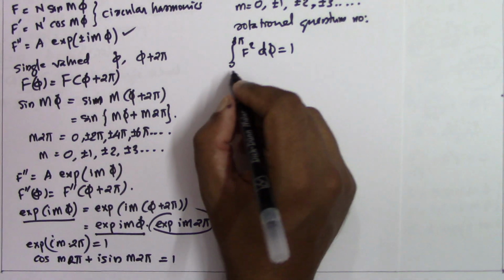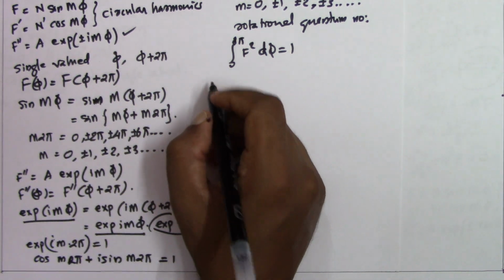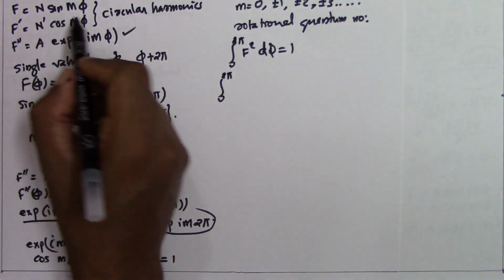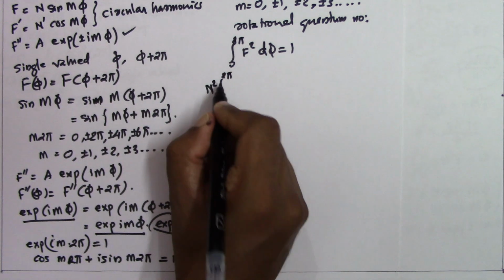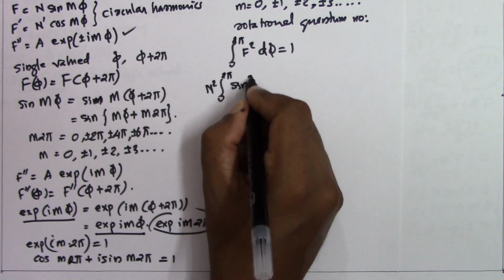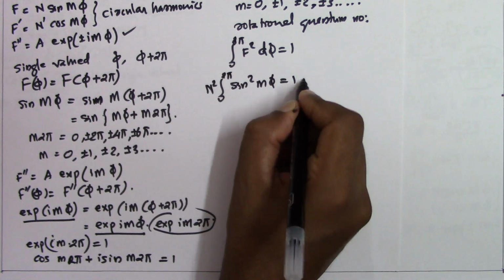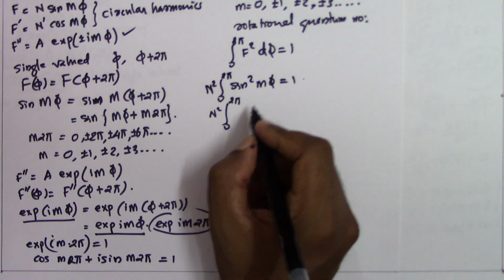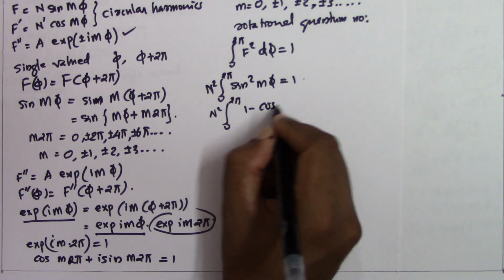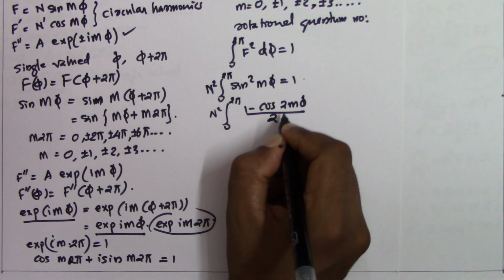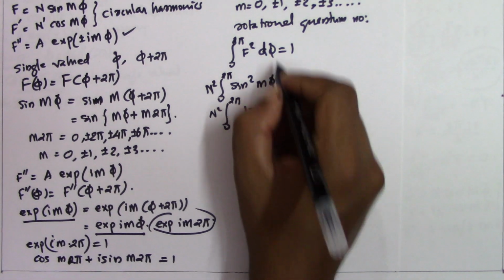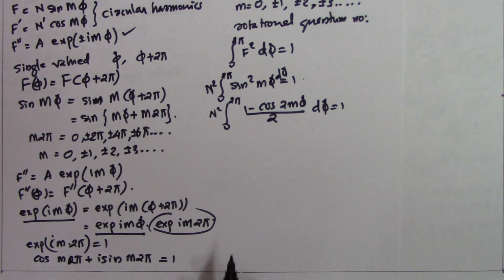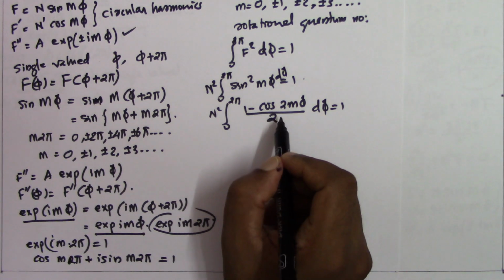Therefore, let us expand this equation. Integral 0 to 2π of f² dφ. f is equal to N sin mφ. Therefore we have N² here, that's a constant, times sin² mφ, that is equal to 1, and therefore N² integral 0 to 2π of sin² mφ, we can write it as (1 minus cos 2mφ) divided by 2, and we have to put dφ also here, equal to 1, because sin² θ is equal to (1 minus cos 2θ) by 2.